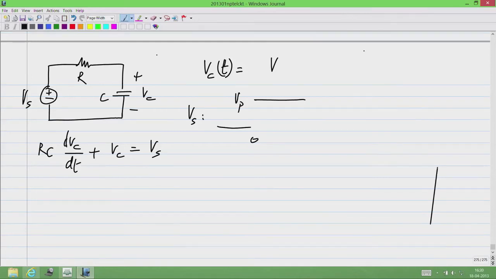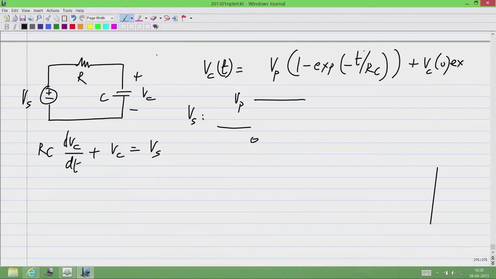Okay. I could write Vc as Vp times (1 minus exponential of minus t by RC), plus the initial condition times exponential of minus t by RC. This we have done before.